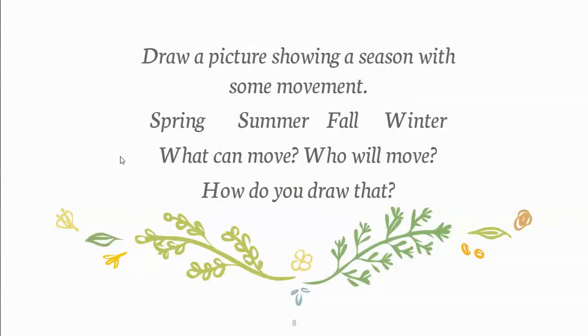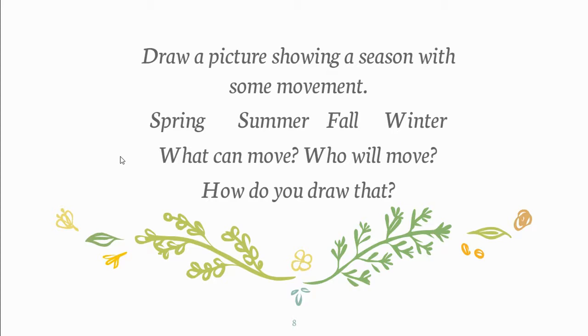So, your assignment is to draw a picture showing a season with some movement. So, pick spring, summer, fall, or winter. What can move? Who can move? And how do you draw that? So in the summer, if you're going to show someone swimming, you wouldn't have them have straight lines for their legs and feet.